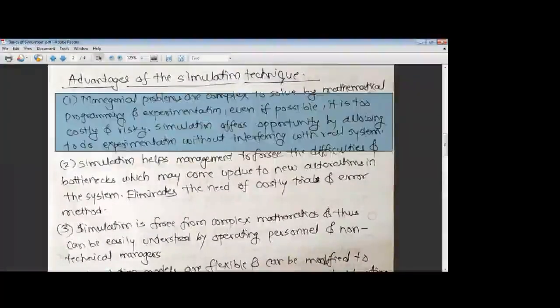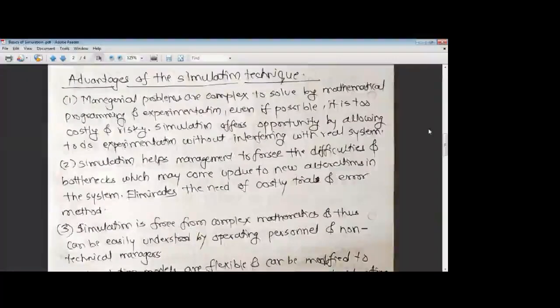Now, let's try to understand this with the help of an example. Suppose I'm designing a building, and I have to design it for an earthquake of magnitude like 9 or 10, which is very, very high, and I have to find out how my structure behaves in this particular scenario, right?